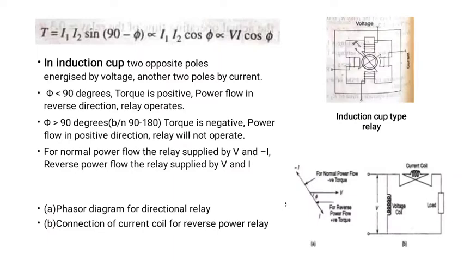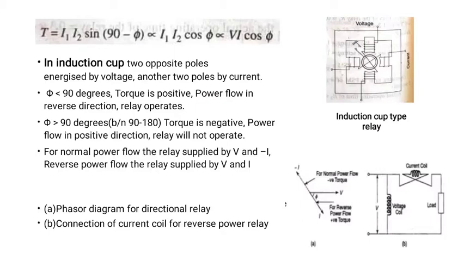Now the induction cup. It has two opposite poles energized by the voltage, and another two poles by the current. Here, if phi is greater than 90 degrees, then the torque is positive, the power flows in the reverse direction and the relay operates. If phi is less than 90 degrees, that is between 90 and 180 degrees, the torque is negative, power flows in the positive direction and the relay will not operate.